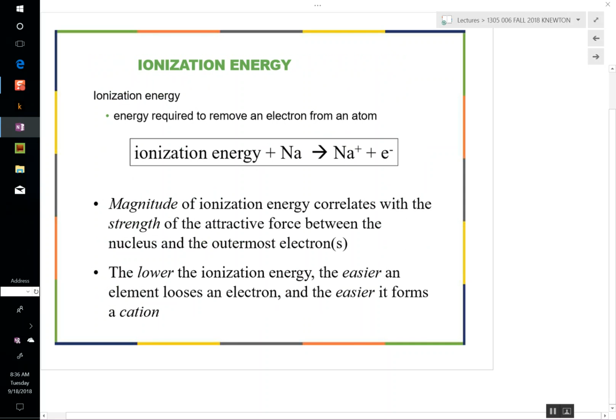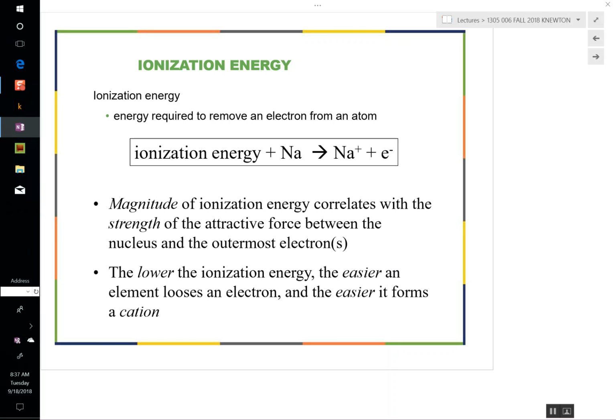Okay, and ionization energy and electron affinity, I will mention right now, and like I said, hopefully there's a Newton homework and some reading and that will give you a little more appreciation for this. But let's just say what it is. What is ionization energy? It's the amount of energy needed to remove an electron from an atom.